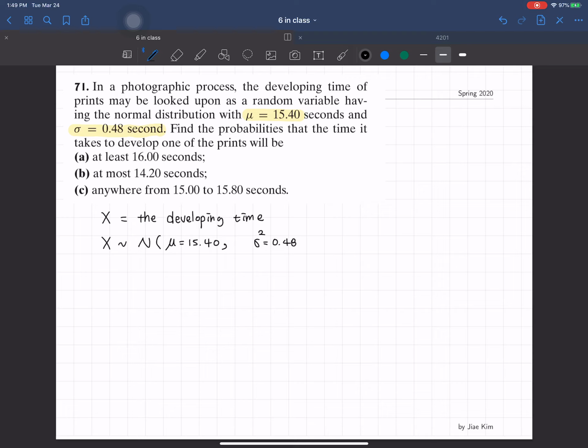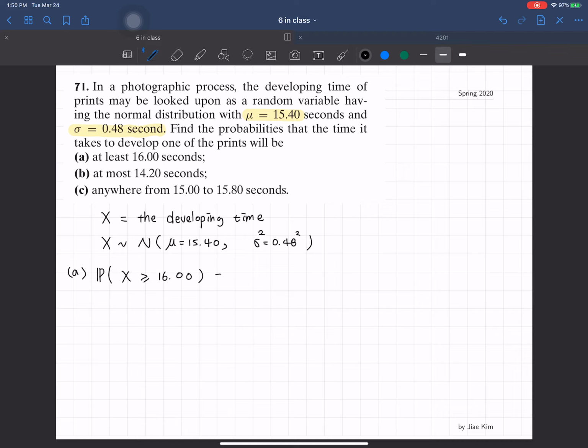Part A is asking what is the probability that the developing time is at least 16 seconds. So we formulate it that way.